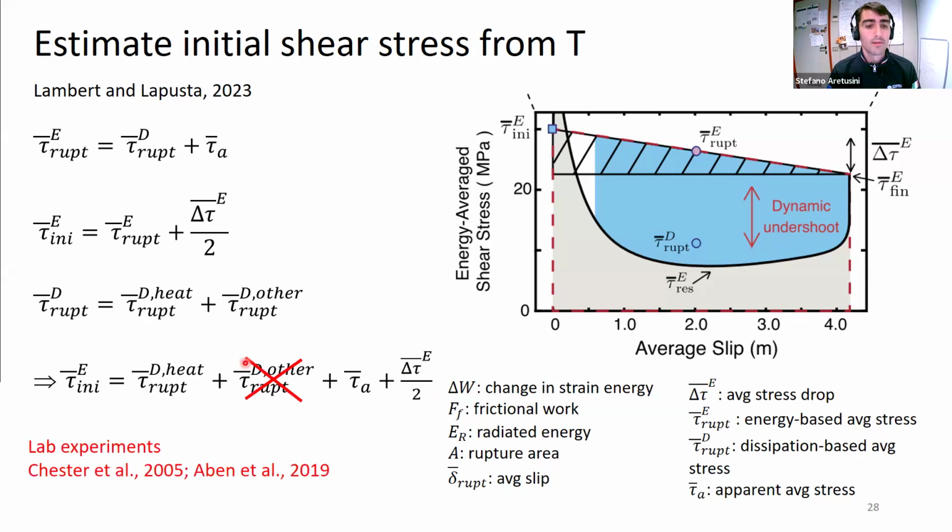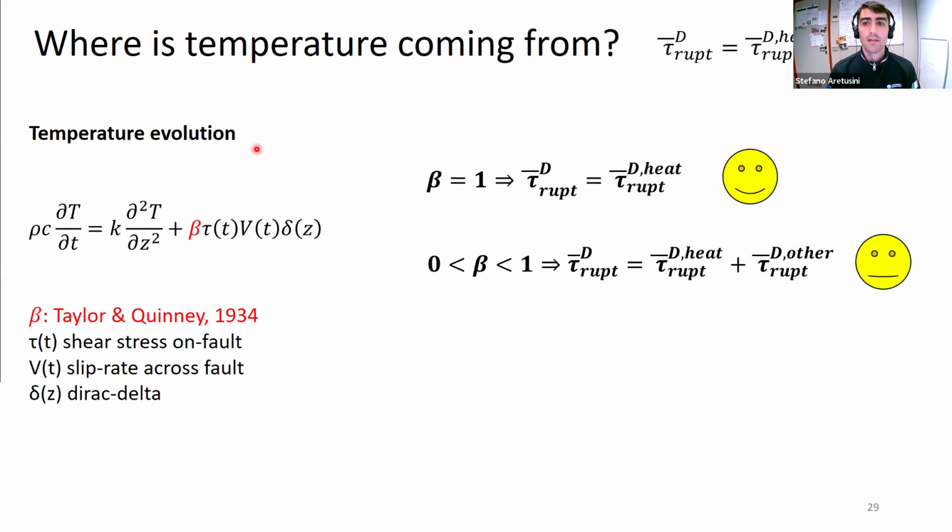Moreover, we know from laboratory experiments that this term can be ignored. And so we can simplify the energy budget like this. And temperature evolution is coming directly from the heat part. And the heat part is used to calculate temperature by means of this equation.